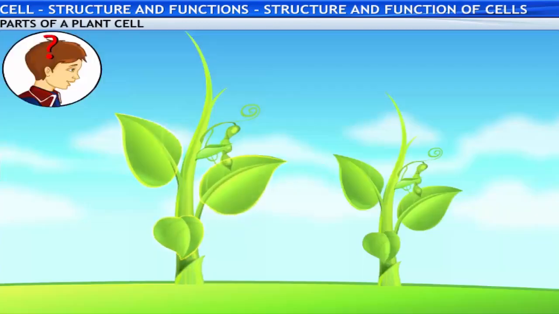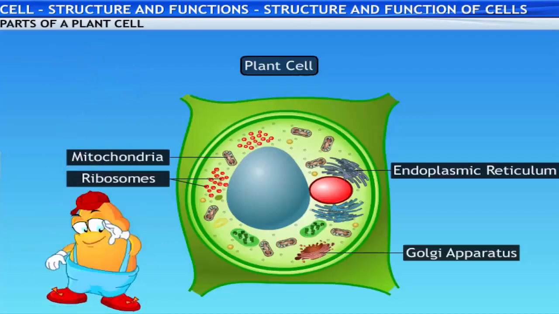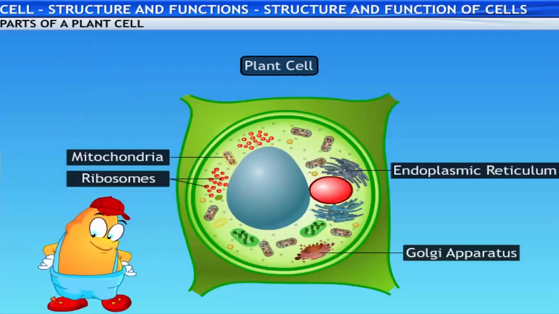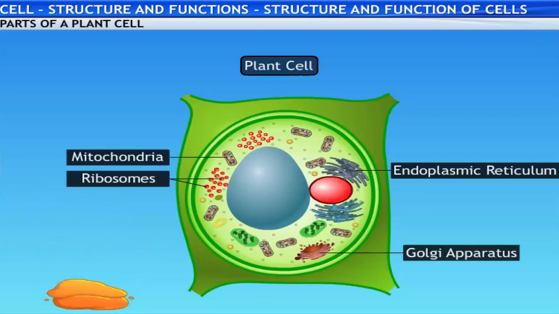Oh, so this is what gives the leaves the green color? Correct. The other organelles that you see are mitochondria, Golgi apparatus, ribosome, and endoplasmic reticulum. We won't get into the details of these right now. First, let's focus on the basic components of a cell.